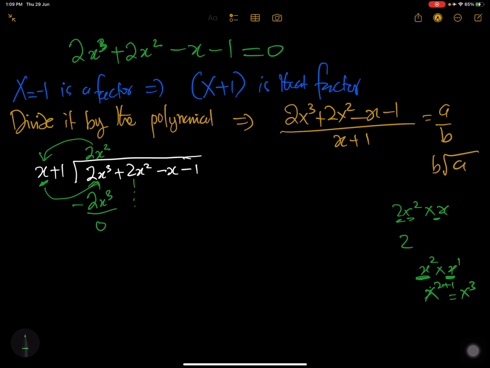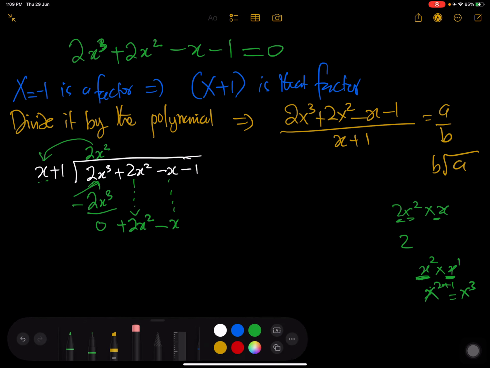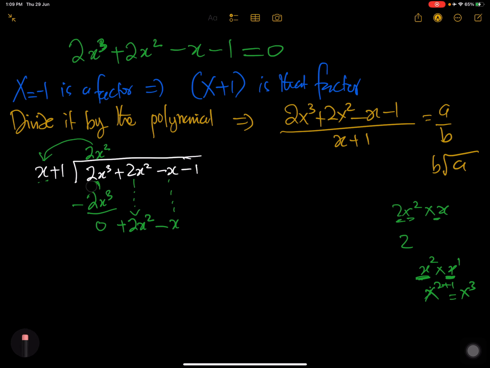Now when we get 0, we drop this down, we get plus 2x squared here, and because they are 2, we drop this one to here. We're going to get minus x. There are many terms, so that's why I'm trying to drop it there. I hope it helps.